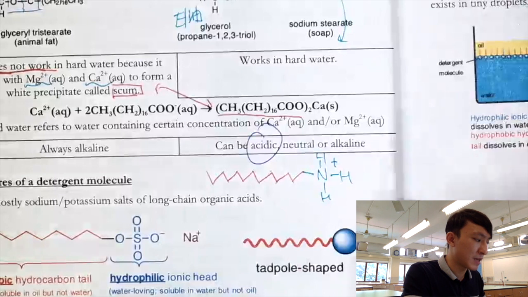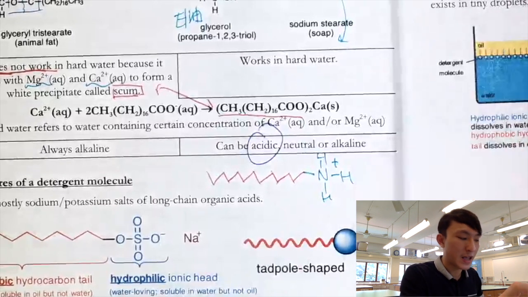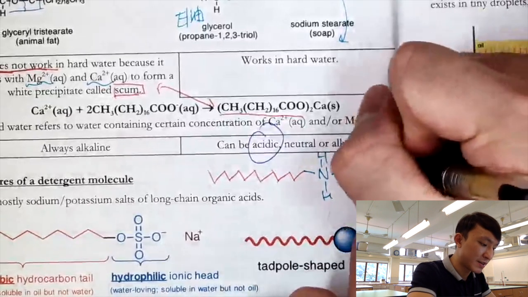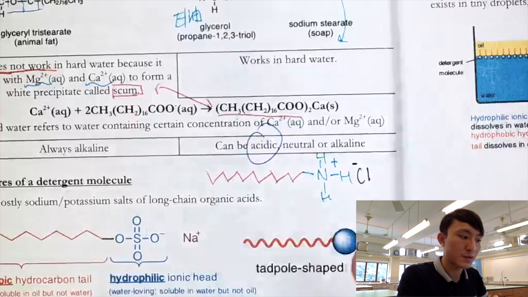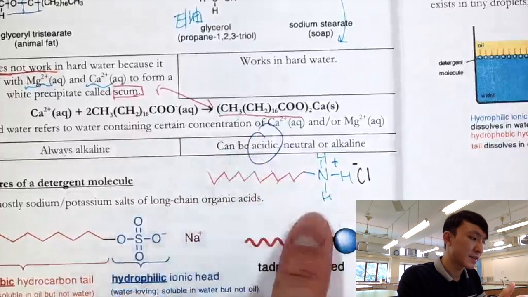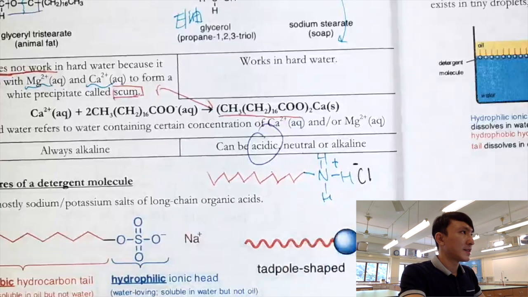But at the same time, it will also have a negative anion outside to balance the charge. So this is another type of detergent which is acidic and positively charged at the head. So that will be the comparison.